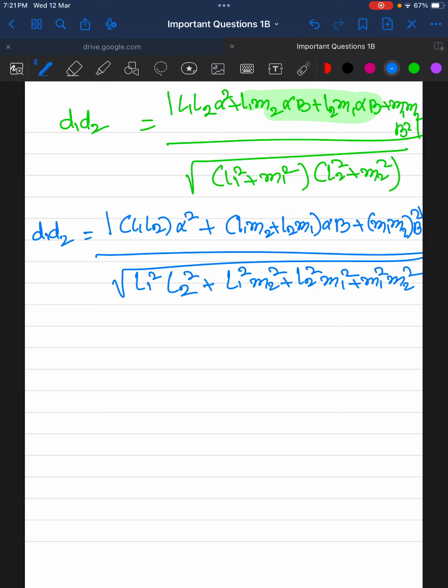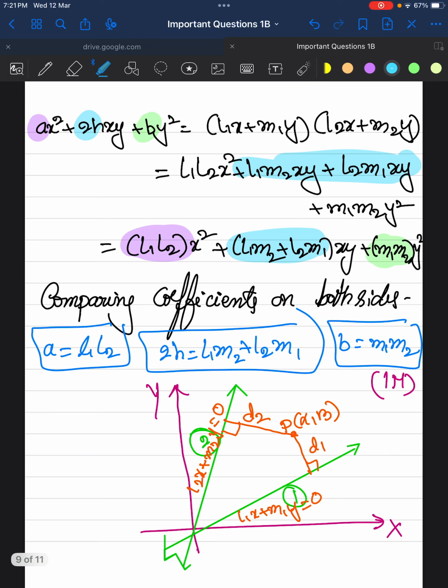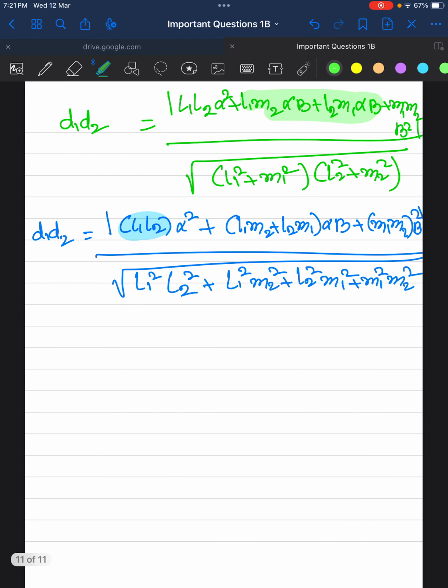Numerator: what is the value of L1 L2? If you see previous steps, L1 L2 is A. What is L1 M2 plus L2 M1? Try to remember, that is 2H. M1 M2 is B, L1 L2 is A. So it will become modulus of A alpha square plus 2H alpha beta plus B beta square. Now we got the numerator.